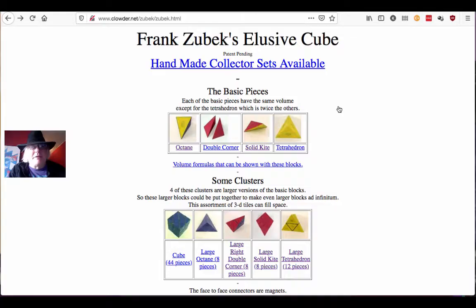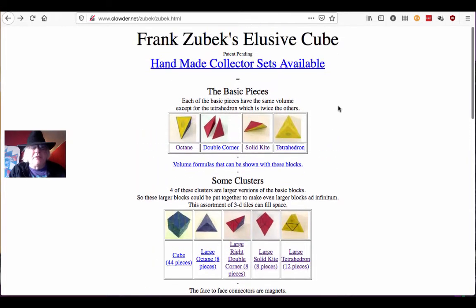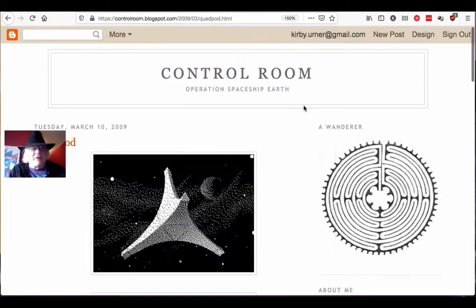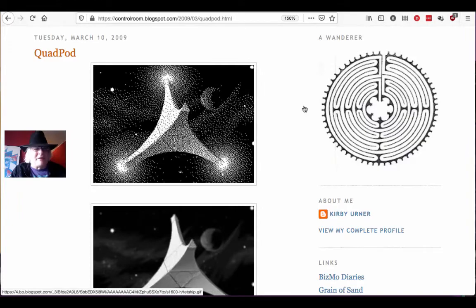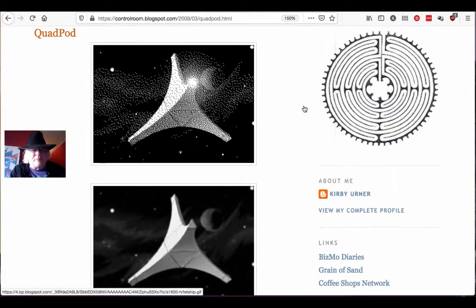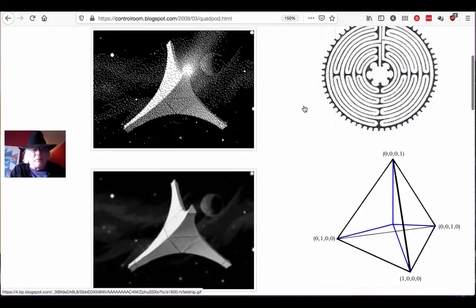So Quadra's Kopp, the same guy who really likes Zubik's elusive cube and who describes each of its pieces here, octane, solid kite, whatever, he also likes Quadra's, which is a project a lot of us have been working on. This is more of a conceptualization of a spaceship that has 4 pods.